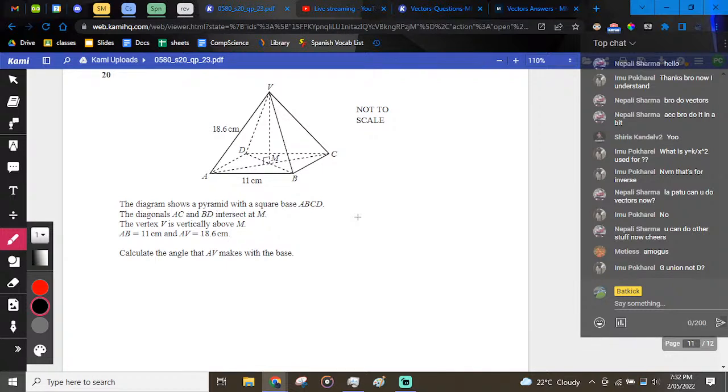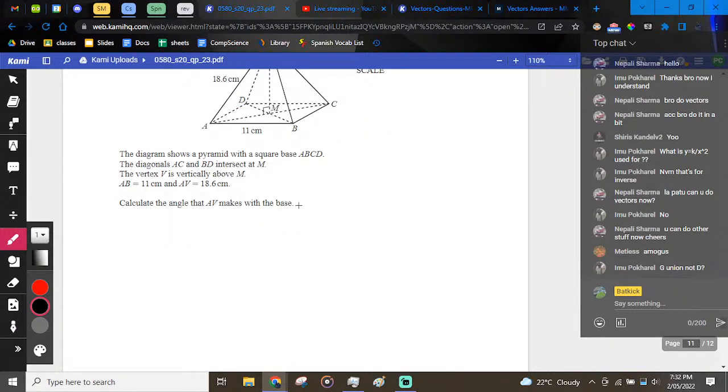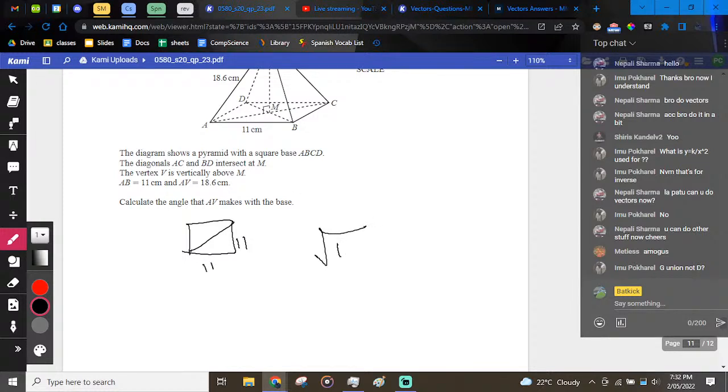The diagram shows a pyramid with a base ABCD. Find the angle that AV makes. Easy. It's a square base. We want to know the diagonal, and this is 11, this is 11. 11 squared plus 11 squared, Pythagoras.